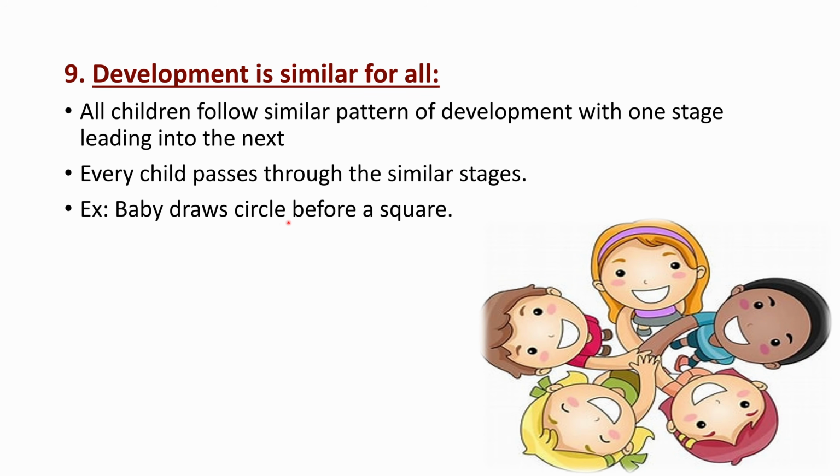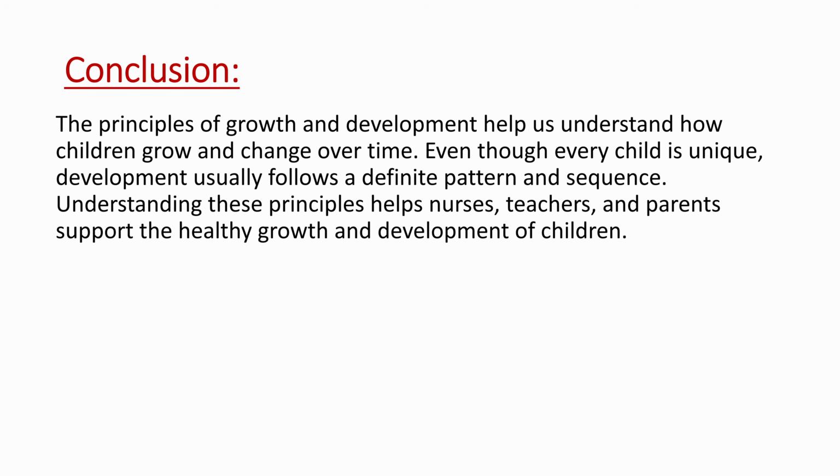For example, when children learn to draw, they usually draw simple shapes like a circle first and only later learn to draw more complex shapes like a square or triangle. So while each child may develop at their own pace, the overall pattern of development is generally similar for all children.